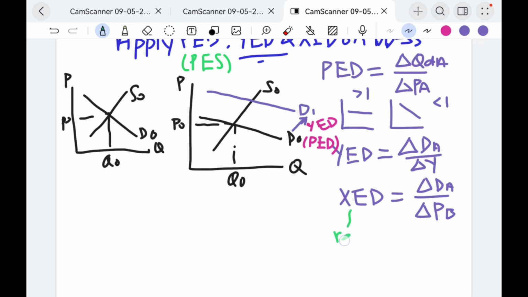So you only use XED when they talk about a related good. You first have to establish, is this related good a substitute to the main good or a complement? Because if you didn't establish that, how are you able to tell the XED value? For substitute, it is positive. For complement, it is negative.